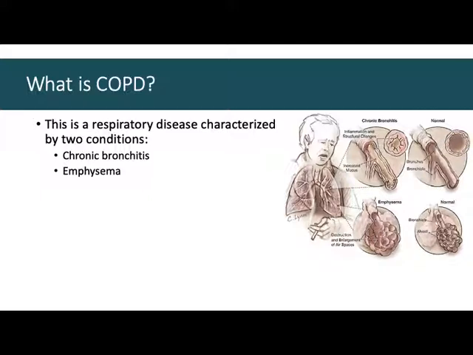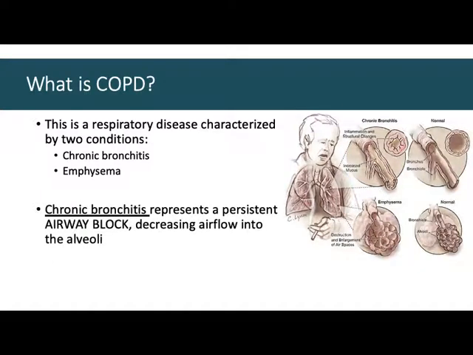COPD is an umbrella term for two underlying conditions: bronchitis and emphysema. Bronchitis and emphysema both occur together in the context of COPD. Bronchitis is the narrowing of airways.